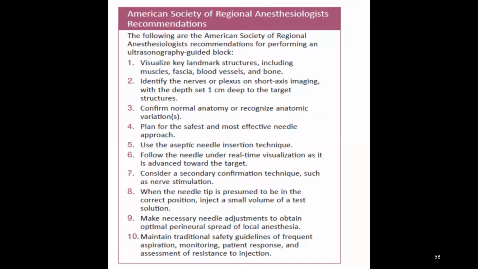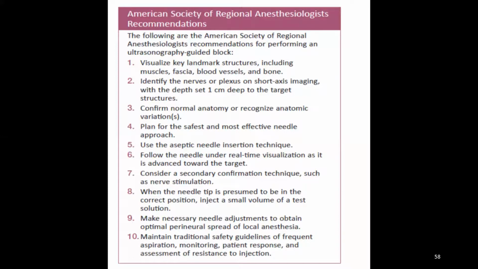And then we should always confirm whether the anatomy is normal or a variation from the normal anatomy. Then we should plan for the safest and most effective needle approach. And we have to do all the following steps under aseptic needle insertion technique. Then we have to follow the needle under real-time visualization as it is advanced towards the target.